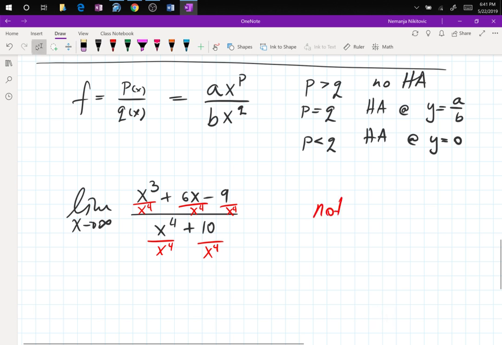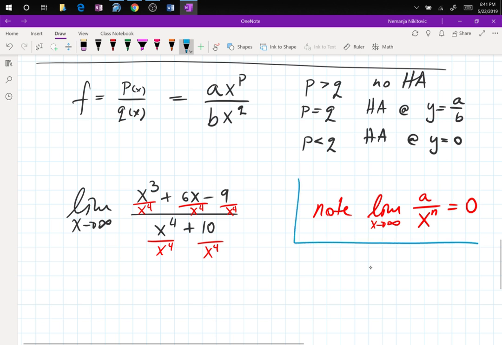Now, note that the limit, as we discussed earlier when I was folding that piece of paper, as x goes to infinity, of any number divided by x to any exponent is 0. This falls into the category, you better know this or else, right?